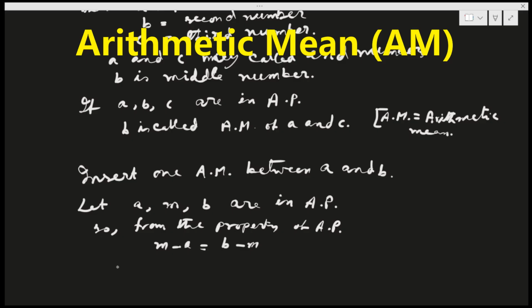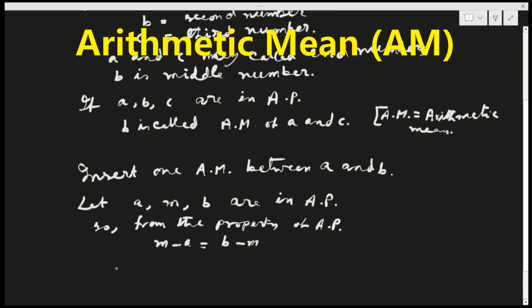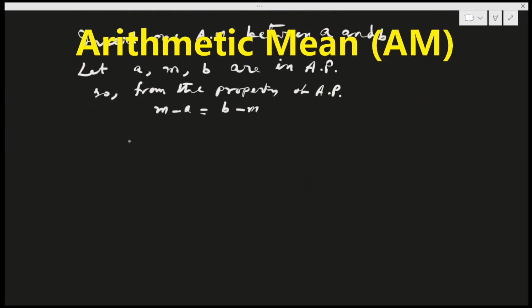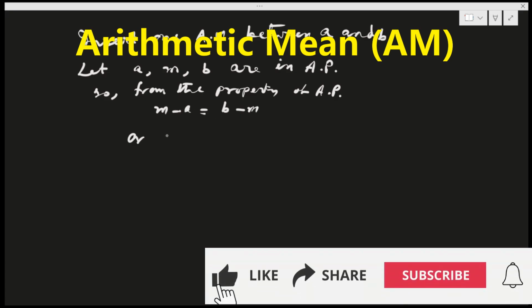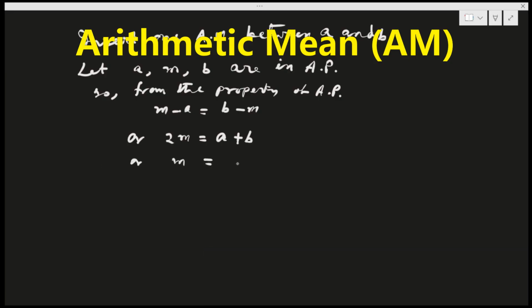Therefore, obviously, solve for M: transpose this M to the left, change the sign, and this is transposed to the right, so 2M equals A plus B, and M equals A plus B by 2.